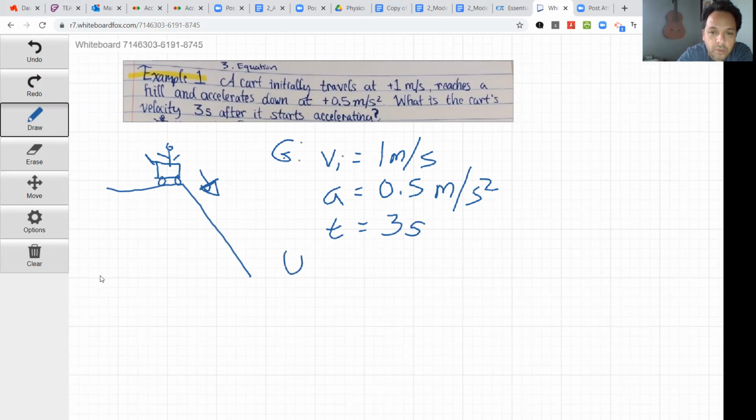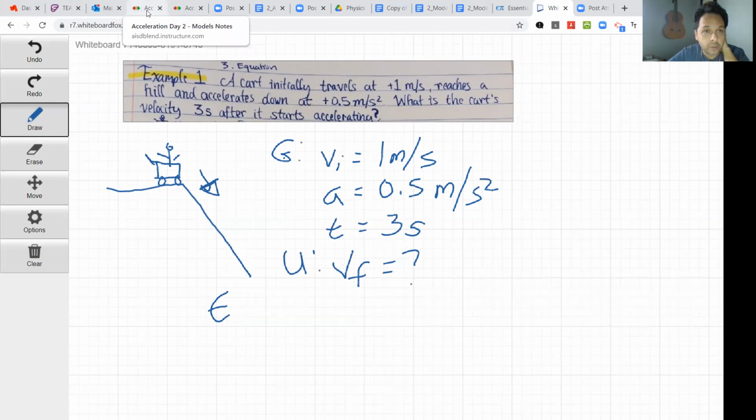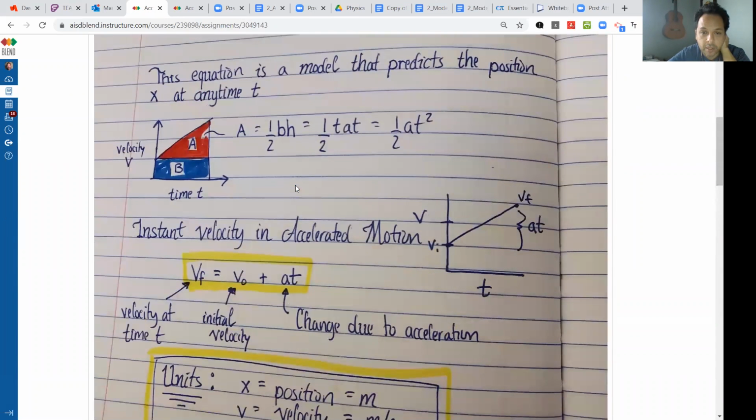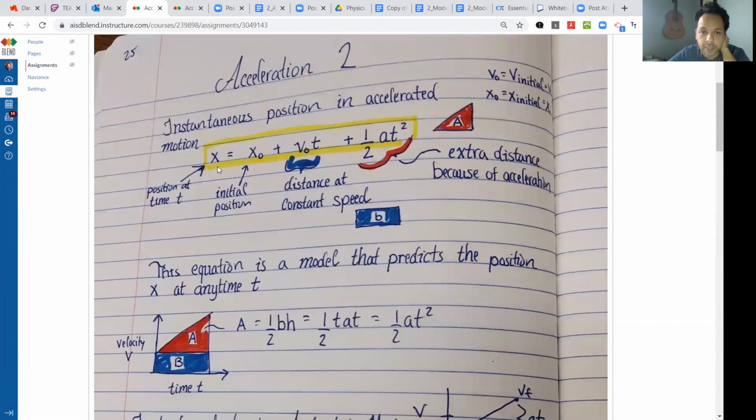So what's unknown? They want to know what is the cart's velocity? So they want to know final velocity. So what equation are we going to use? So they want to know the final velocity. So we go to our notes and we say, oh, it's this one. It's not this one because this gives you a position, a distance, right?